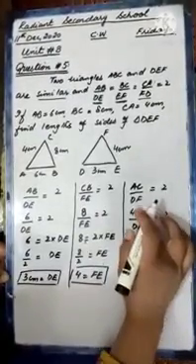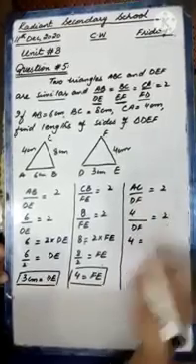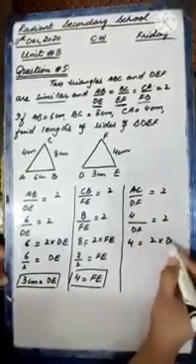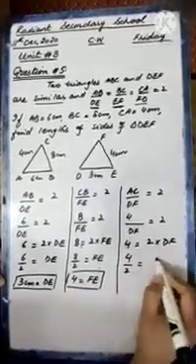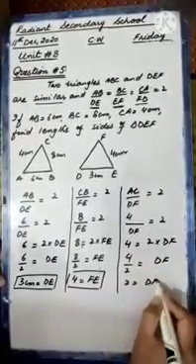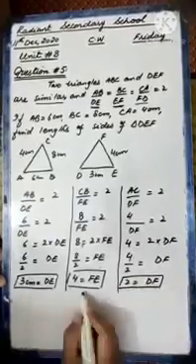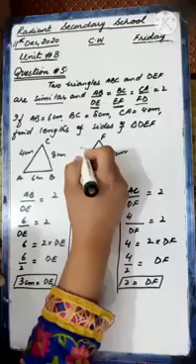DF will be multiplied by, no need to write unit in the solution. At the end we have to put the unit. DF will be multiplied by 2 and again 2 will be divided by 4. So answer will be 2. Now these are the lengths of the sides of triangle DEF.